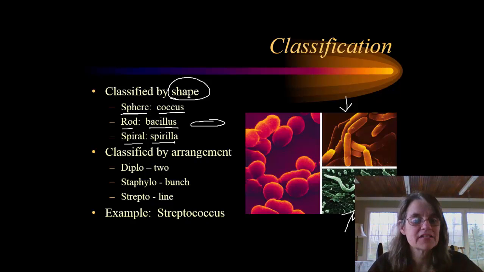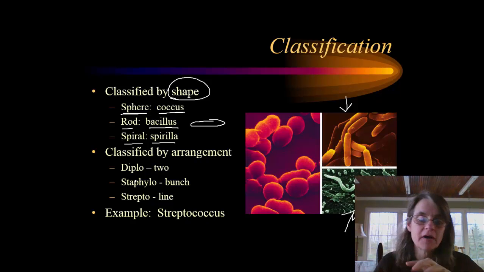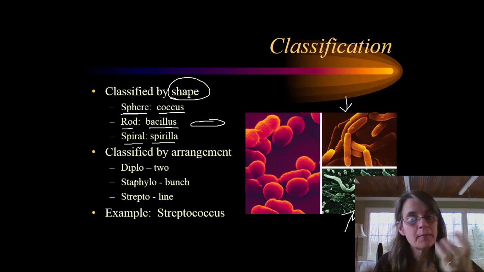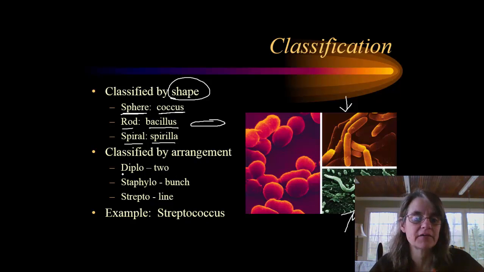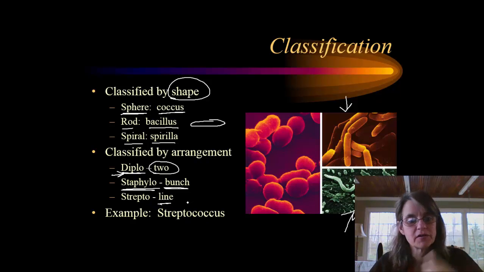They're also classified by how they're arranged. Now we know that they're always unicellular, but they can hang out in little groupings. If a particular species of bacteria tends to hang out in pairs, little pairs of 2, it's referred to as being diplo. If it hangs out in bunches, like little bunches of grapes, it's called staphylo. If it hangs out in groups that are in a line, it's called strepto.